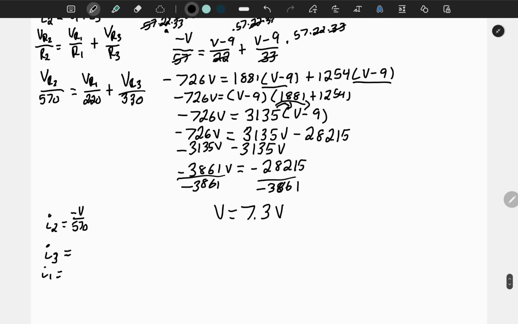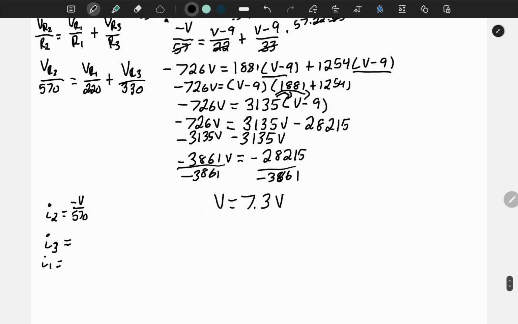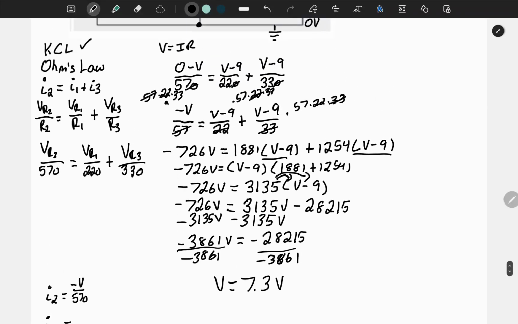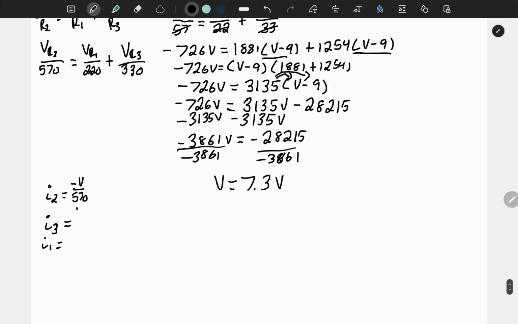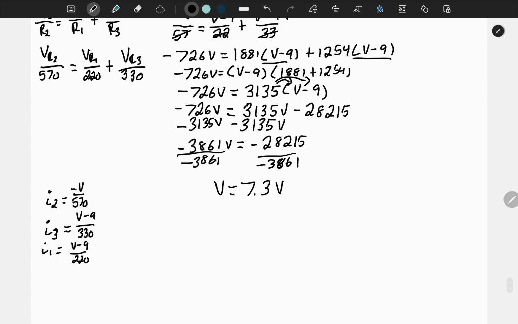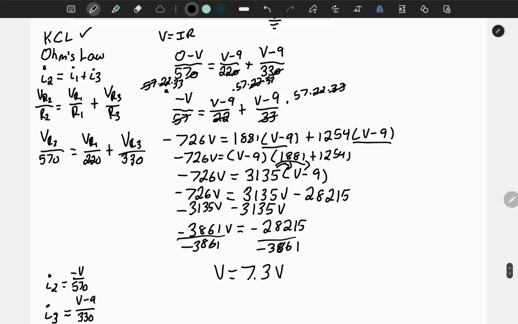We didn't explicitly write these equations, but I3 was the 330, V minus 9 over 330, V minus 9 over 220. But we implied it when we changed out these variables.